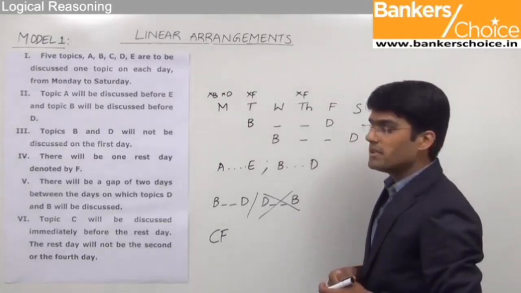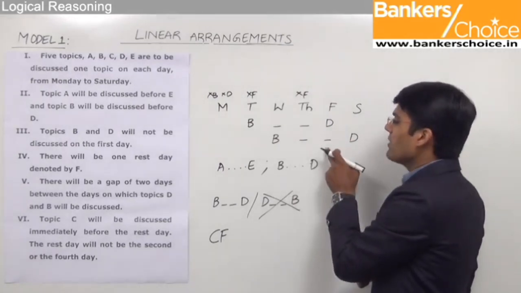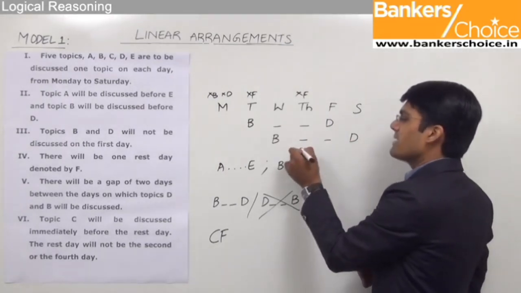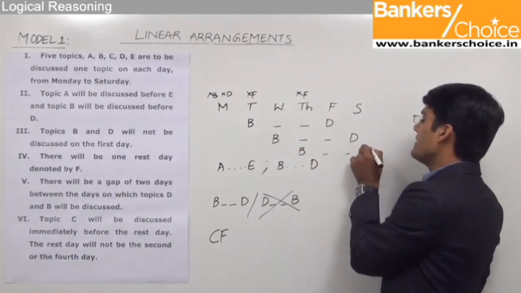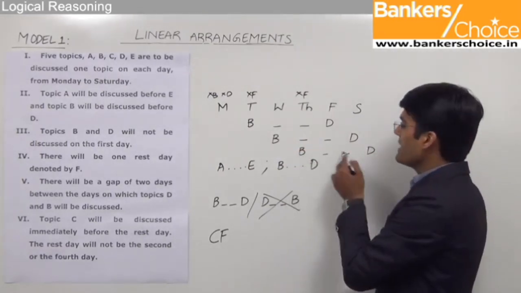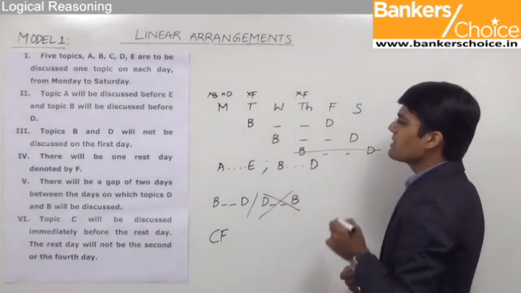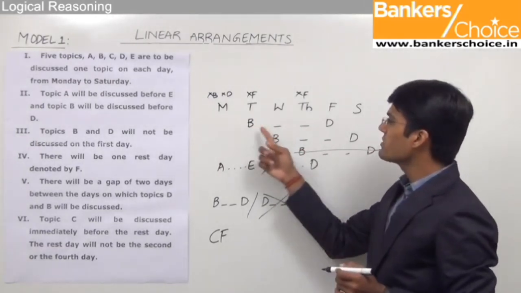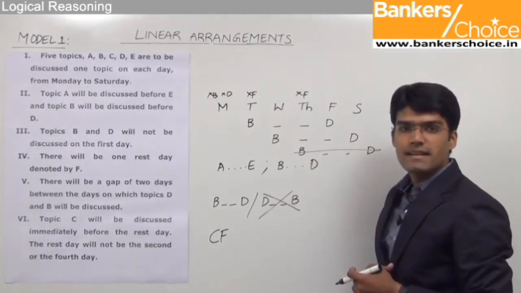And there is no other possibility for the arrangement of topic B, because if topic B is taken on any other day, let us take B on Thursday, and we know that there should be a gap of 2 days and then topic D has to come, which is making topic D out of the week. So we can say that the only possible arrangements are B on Tuesday with D on Friday, or B on Wednesday with D on Saturday.